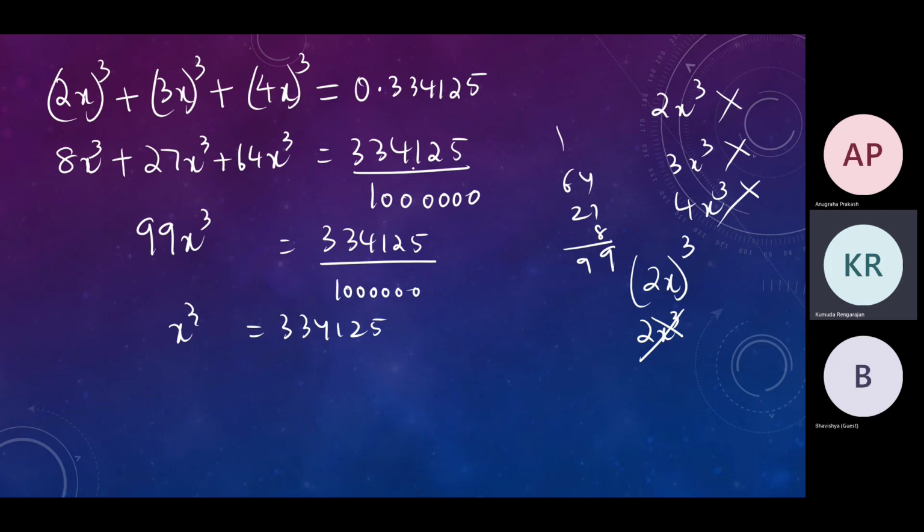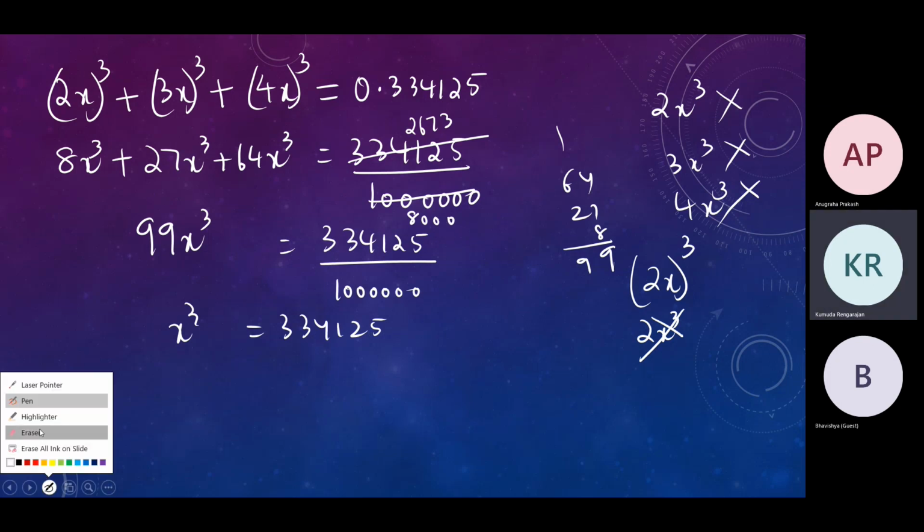So maybe here, let me do that. On simplifying, what do you get? I'll do it using the tables of 125, okay? 334125 divided by 125 is 2673. This also I'll divide by 125. 1000 is 8 times 125, so three zeros.